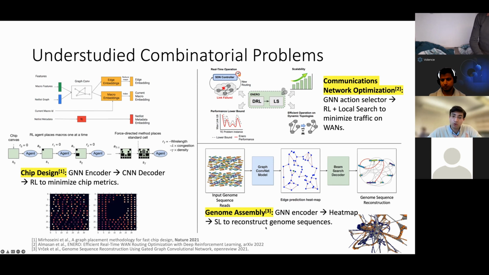But it could be interesting to now learn to assemble the genomes of other organisms. Generally it took 30-something years to assemble the human genome. So maybe if we have a deep learning model to initialize some of that and do a bit of the heavy lifting, then that could speed up the assembly of genomes of other organisms.